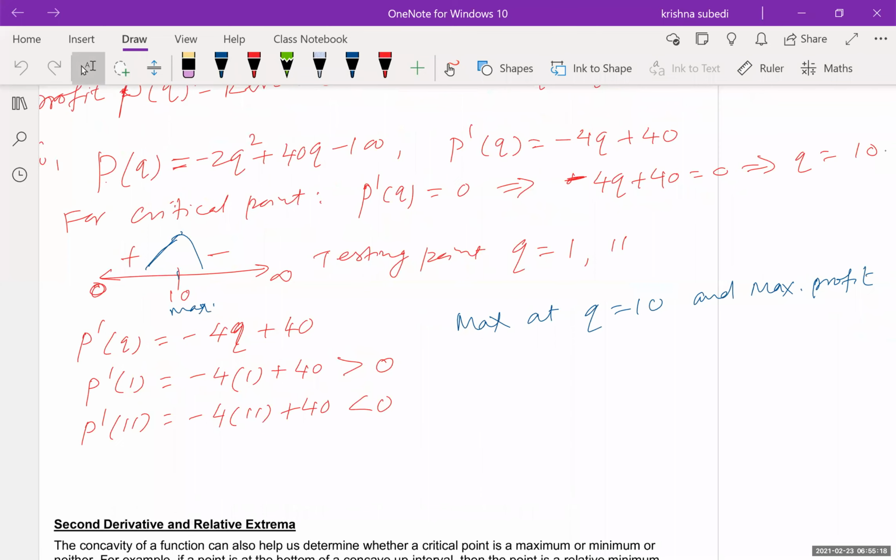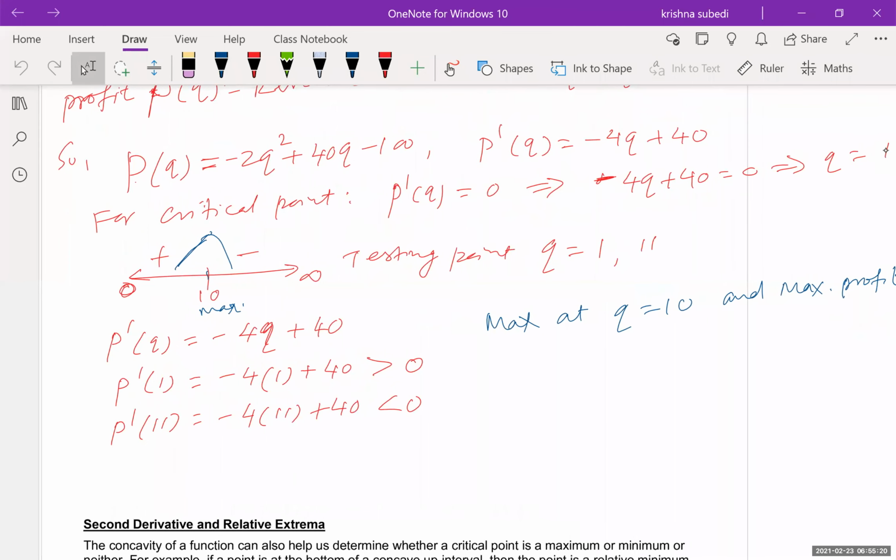For all the examples that we have done so far, we found the critical point. And once we find the critical point, then we use the first derivative test.